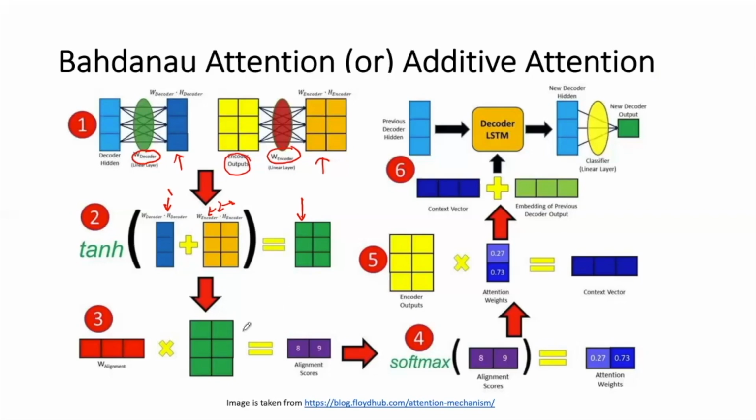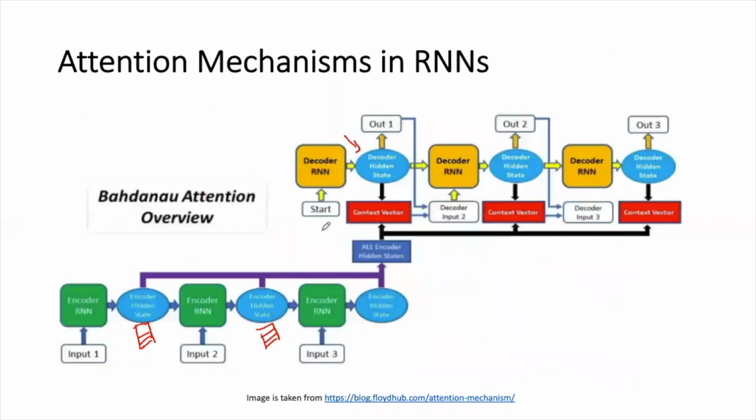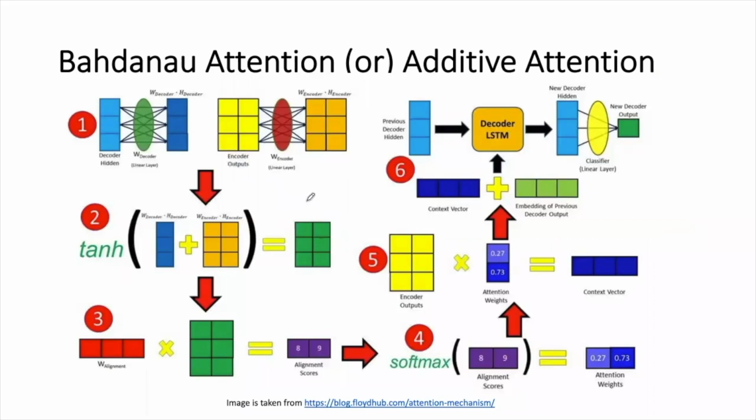If there are two encoder outputs, or two input words, the output generated here will have two columns. In this example, if we had three inputs, we would have a matrix with three columns. Here we have only two columns because we are considering only two input words.